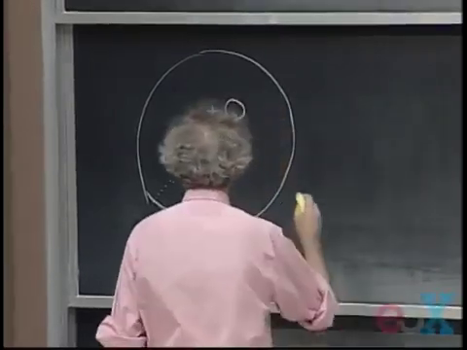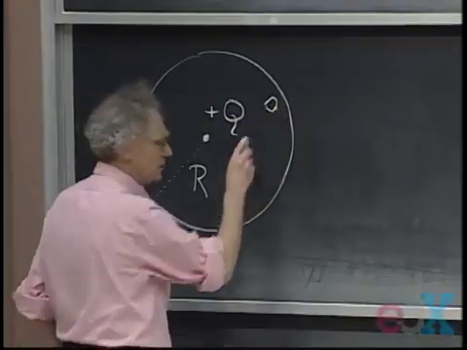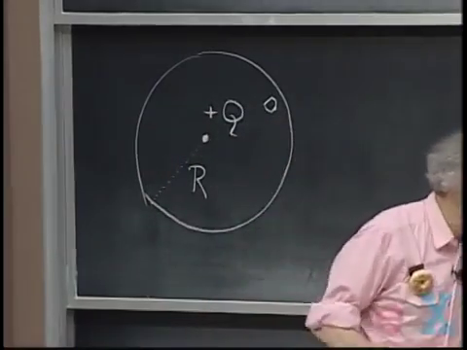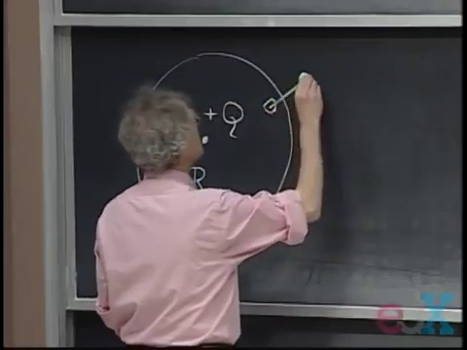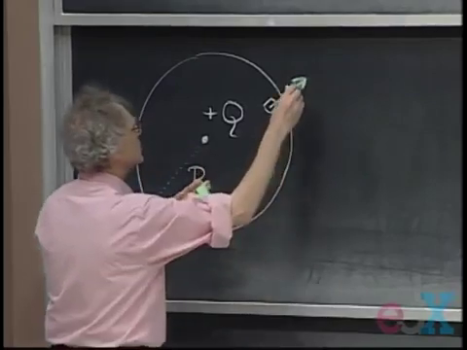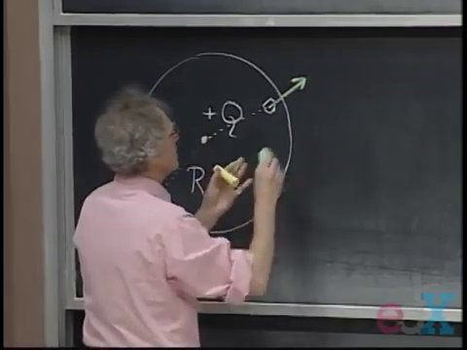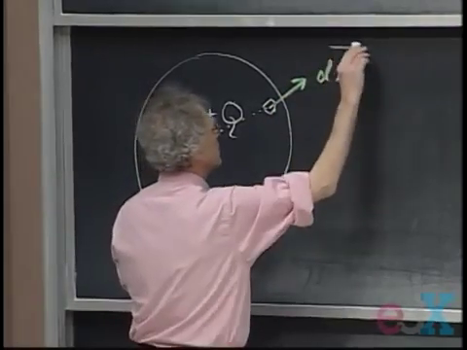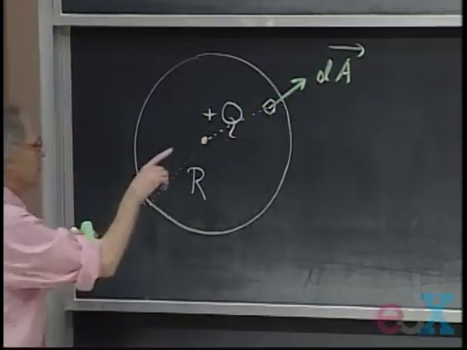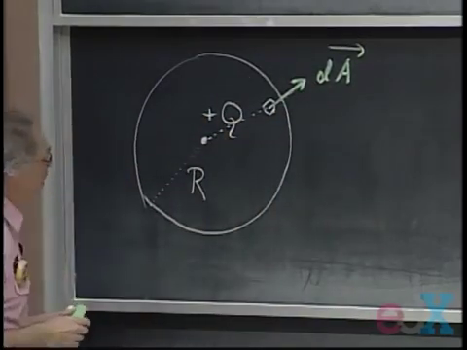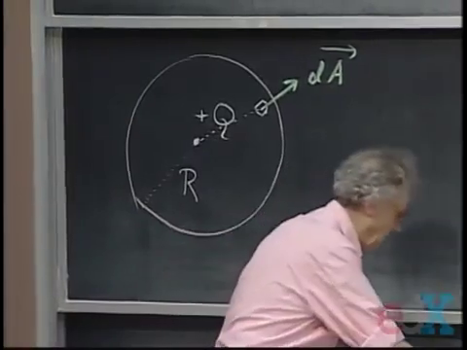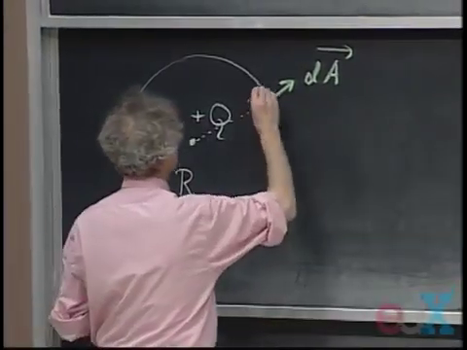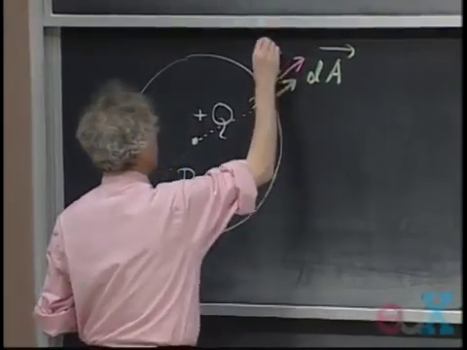Well, I pick a small element dA here, and that element dA is radially outward. This is the normal to that surface, so that is radial. The electric field at that point is also radial. We have dealt with that before.